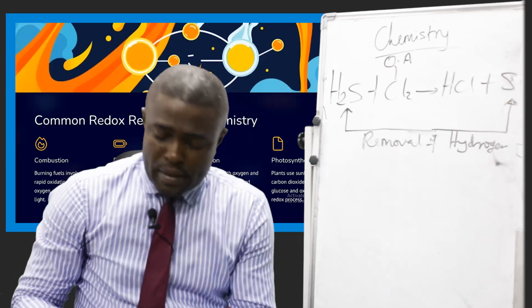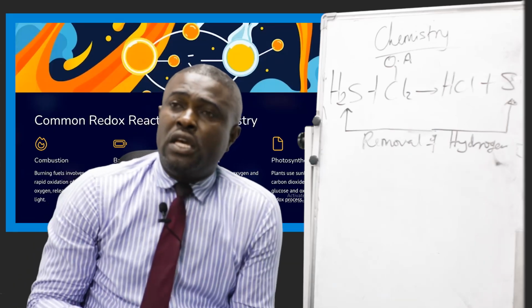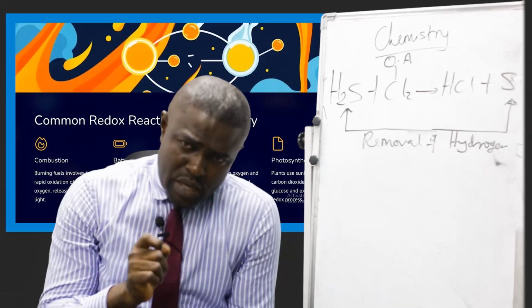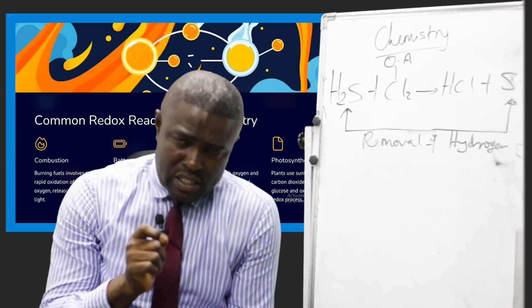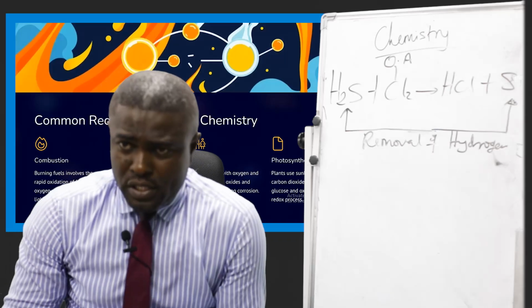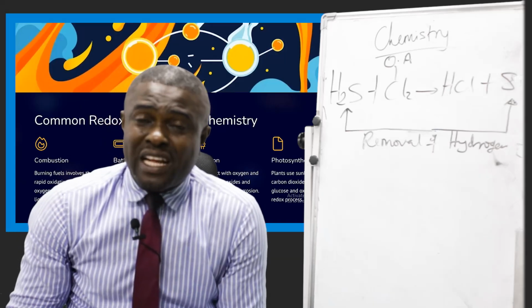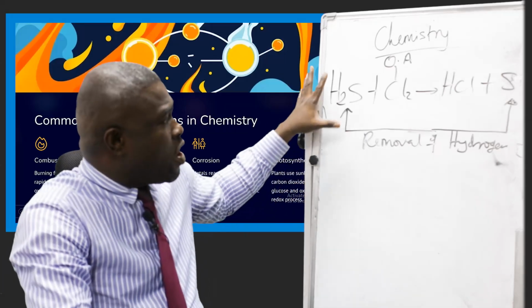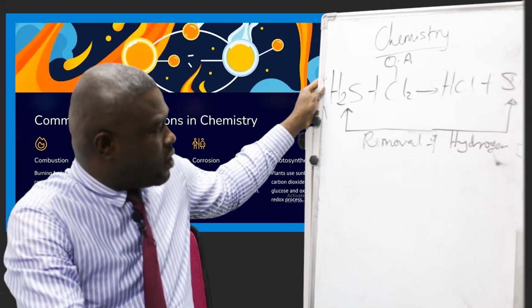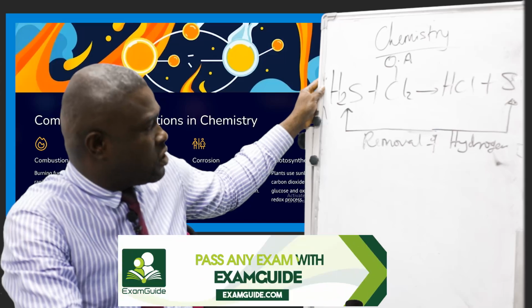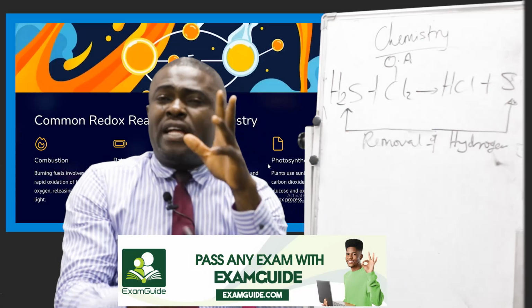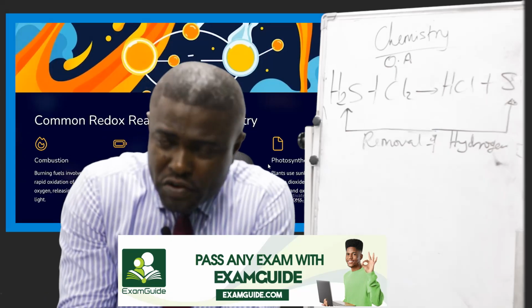I told you at the beginning that in every oxidation reaction, there must be a substance responsible for it, the substance that actually reacted with the other one. This is removal of hydrogen, which is oxidation reaction. That's the third concept.